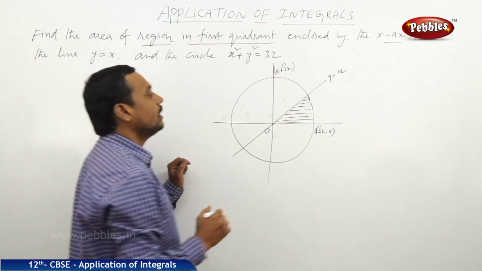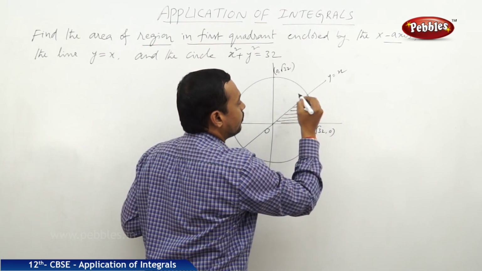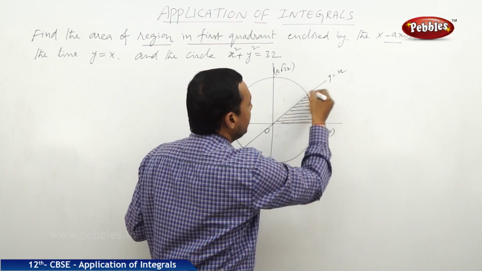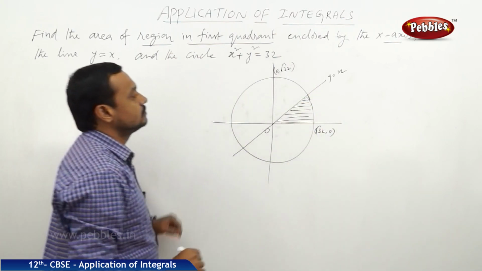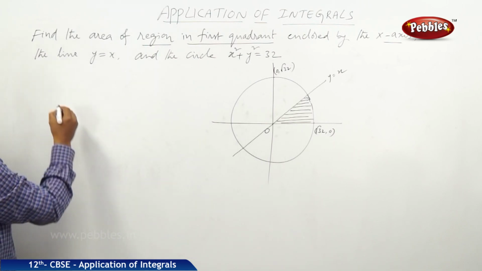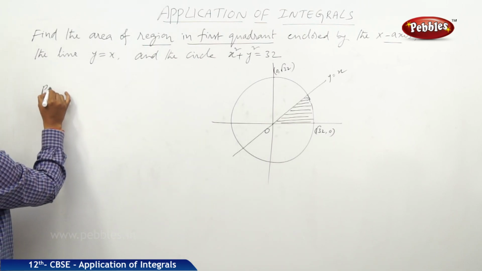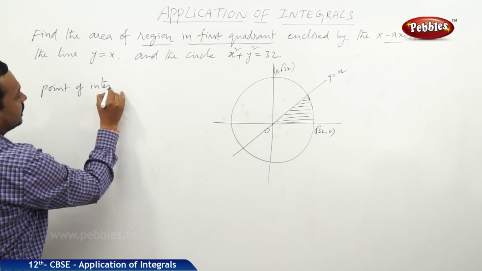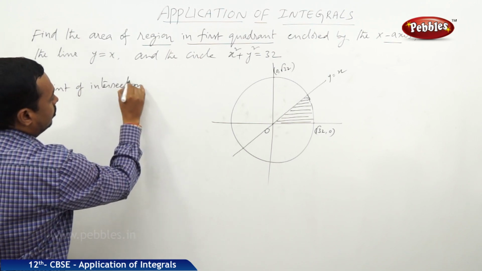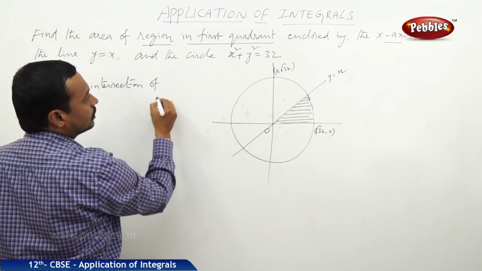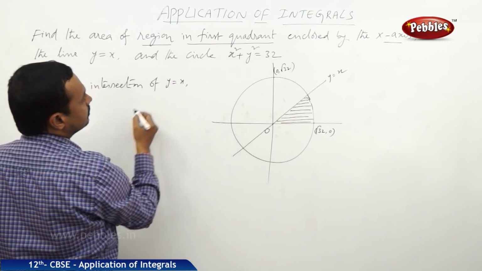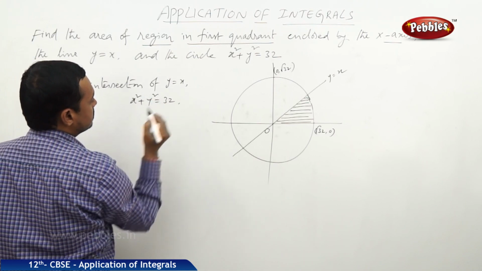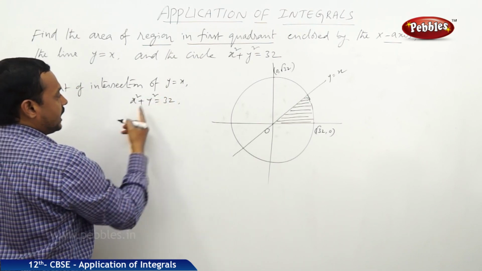You know here, there is a point of intersection of the line and the circle. The point of intersection of the line y is equal to x and x square plus y square is equal to 32 is found by putting y is equal to x here.